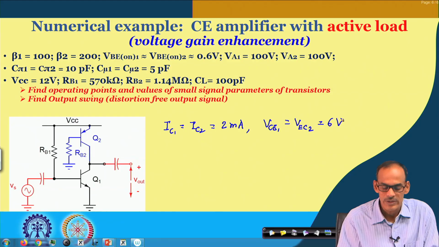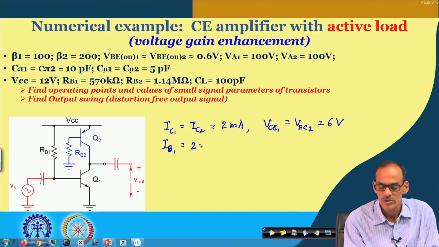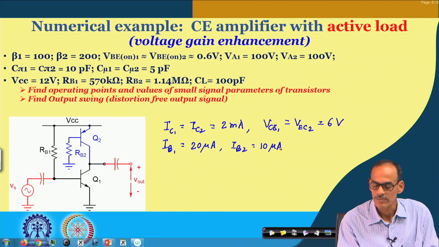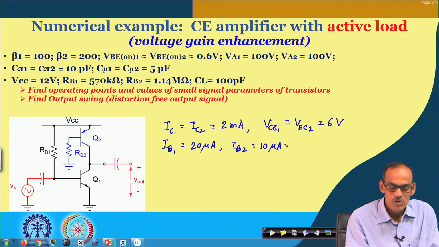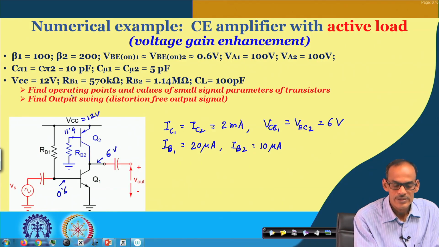And the other things we already have obtained, namely IB1 equals 20 microampere and IB2 equals 10 microampere, right. Since this is 6 volt and this is 0.6 volt, the supply voltage is 12 volt, here the voltage is 12 minus 0.6, so that is 11.4 volt.